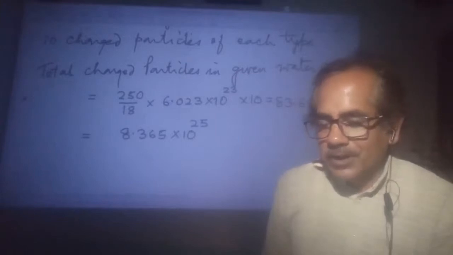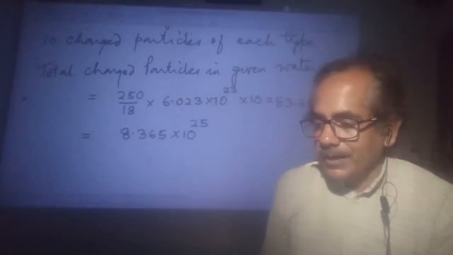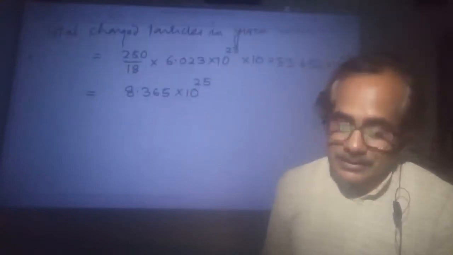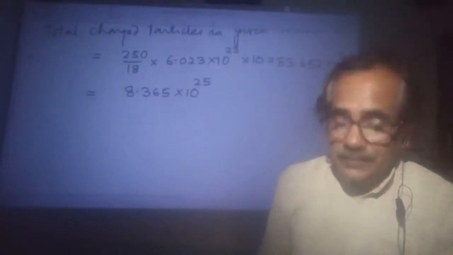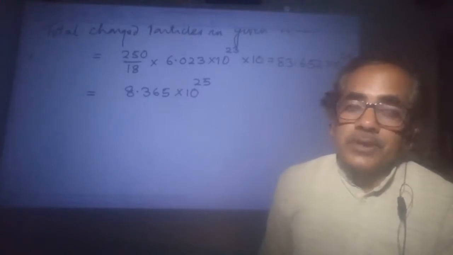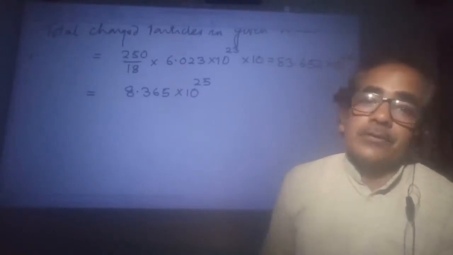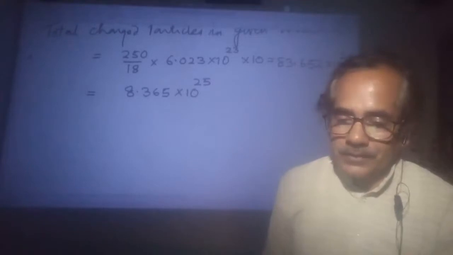So this number of charged particles are available, and it is known that the charge on 1 electron or 1 proton is 1.6 into 10 to the power minus 19, so you can calculate the total value of charge available.